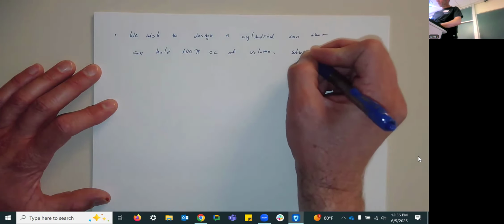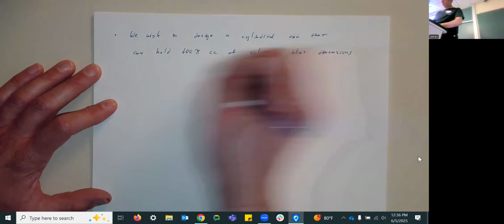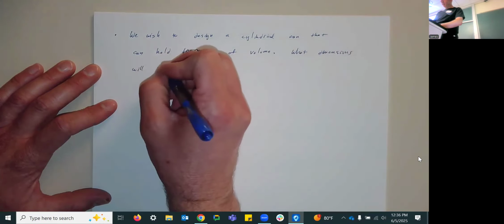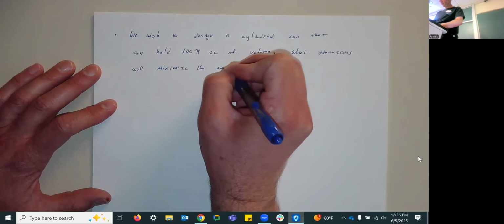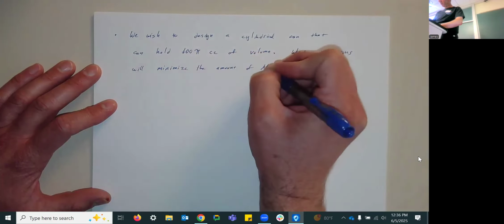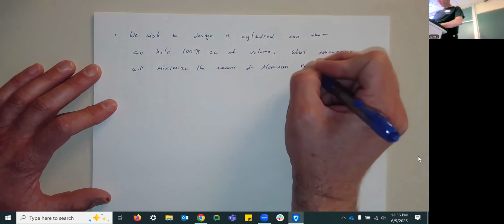What dimensions will minimize the amount of aluminum required to make the can?